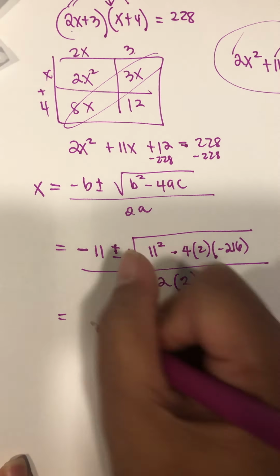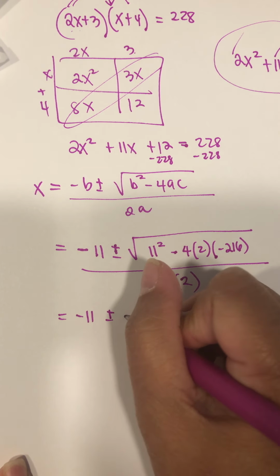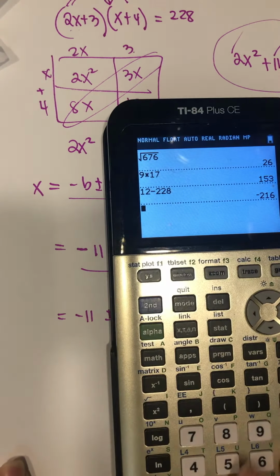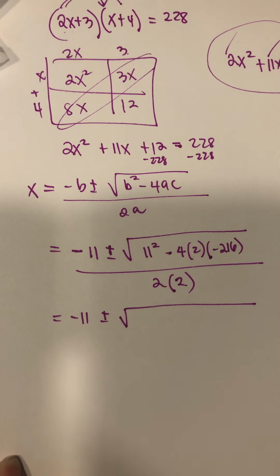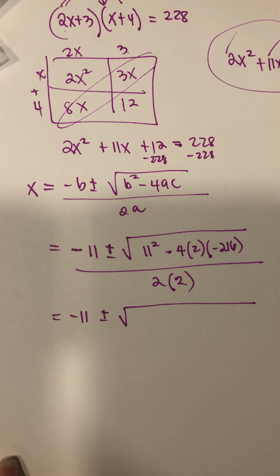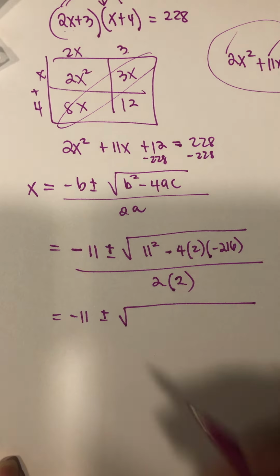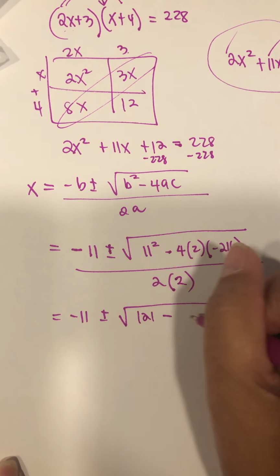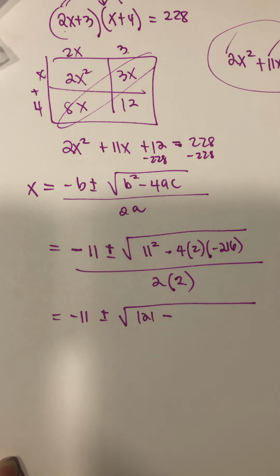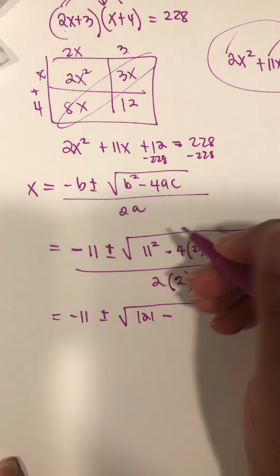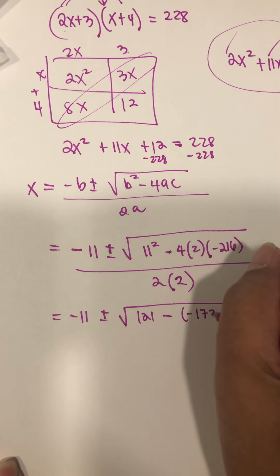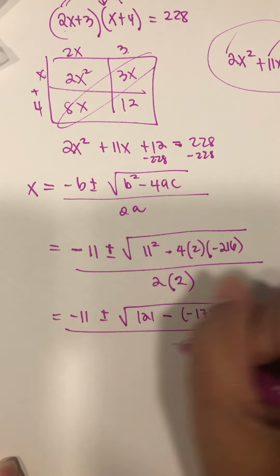So now it is negative 11 plus or minus the square root of 11 times 11, which is 121, minus 4 times 2, which is 8, times negative 216, which is 1728, all over 4.